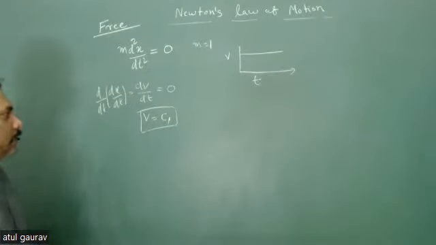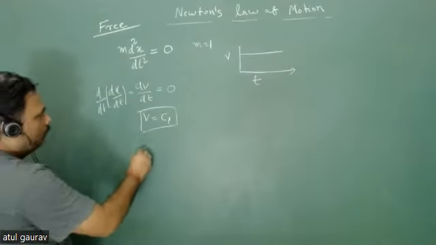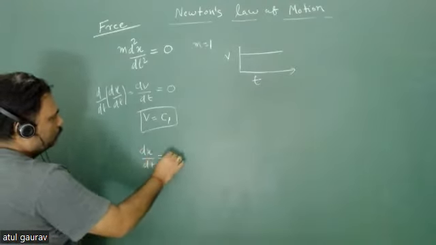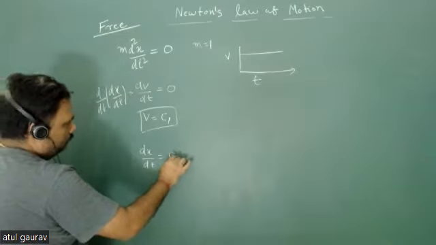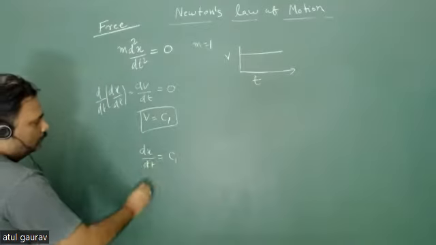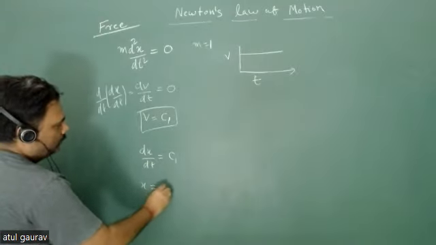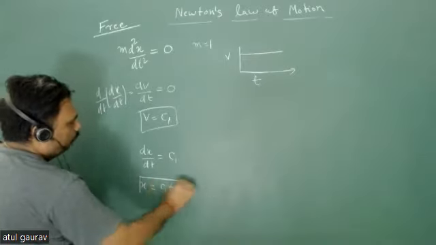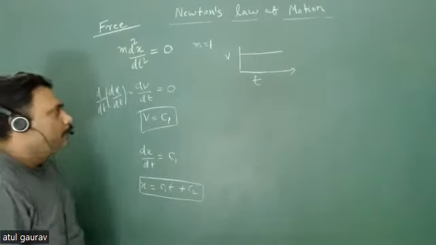This is your dv/dt. Straightforward, simplest system. Now, what about dx/dt? It is equal to some c1. So v is equal to dx/dt. What is this x? c1 t plus c2. What is this particular thing?